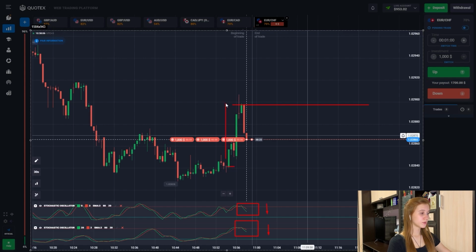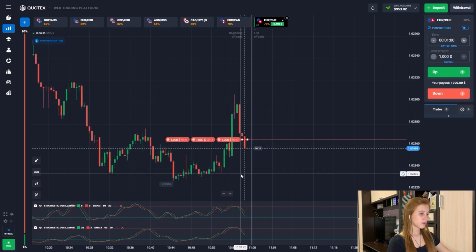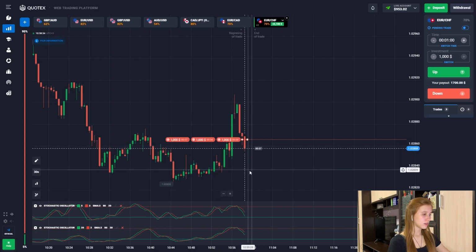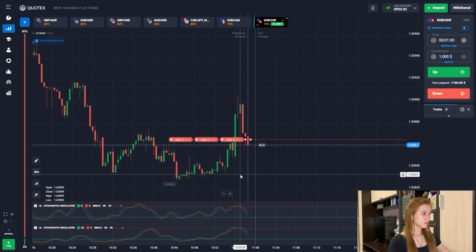We see an upward move and I think that now the move should go down. And enter the corridor where the price was. So as I said, the price is going down. And let's wait until the end of the deal.